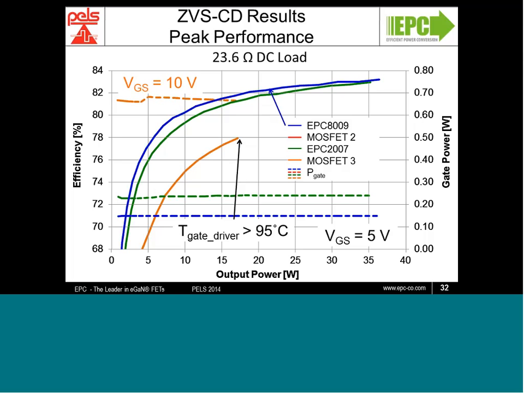As you can see, it comes up to on par with the EPC 2007, which is 24 milliohms versus 138. So from this we can conclude that the on resistance is not dominating losses, but it's the gate charge that is dominating losses. You can see that we have around 150 milliwatts of total gate power consumption for the EPC 8009 device, which includes the overhead of the gate driver itself.